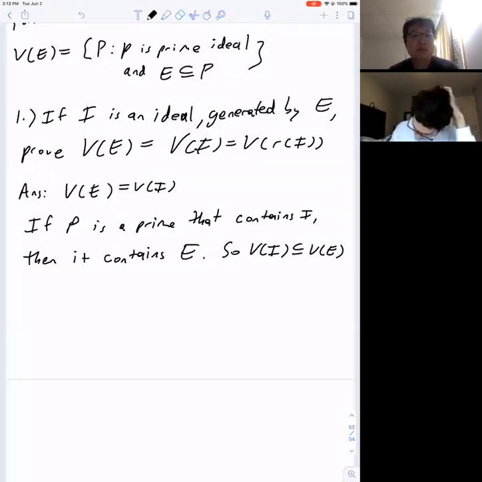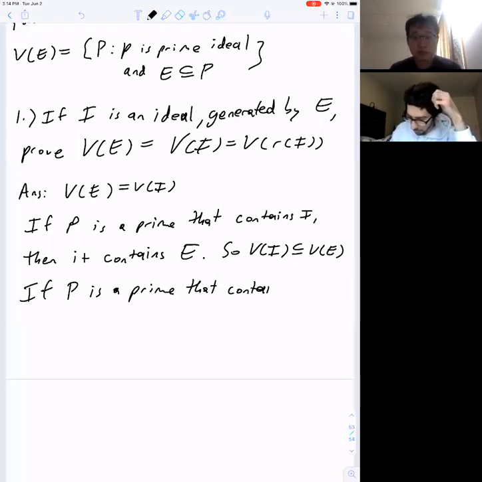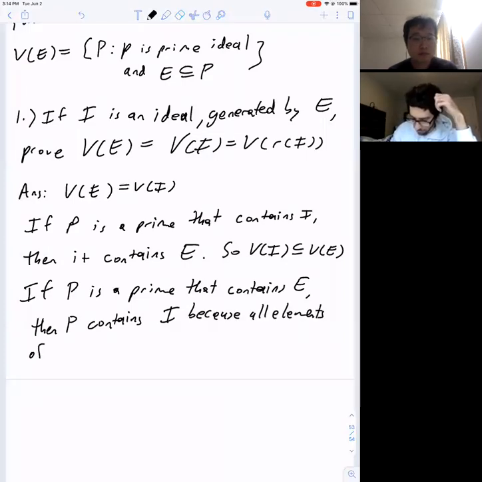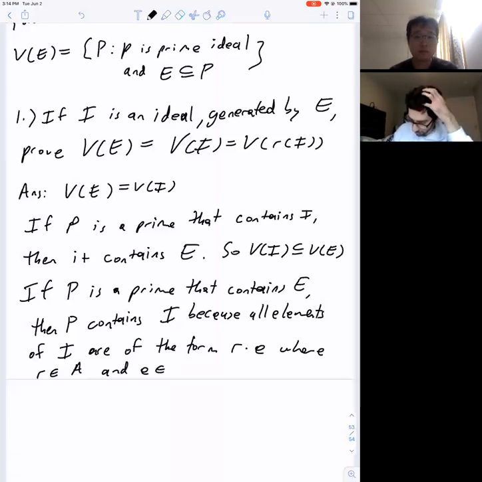And now let's say that if P is a prime that contains E, then P contains I, because all elements of I are of the form r times e, where r is in A, the ring, and e is in E, the set.